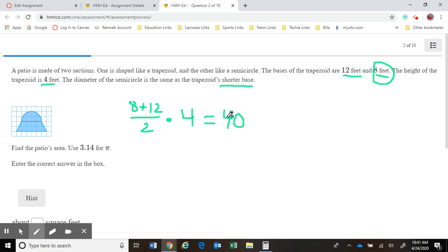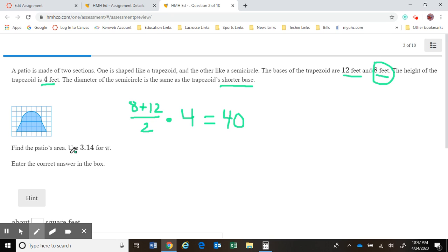Now I need to find the area of the semicircle. Well, we've got to find the area of the entire circle, and I know that the diameter of the semicircle is the same as the shorter base. So the diameter is 8. That's what it says to me.